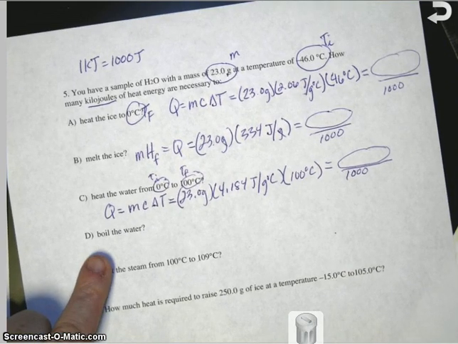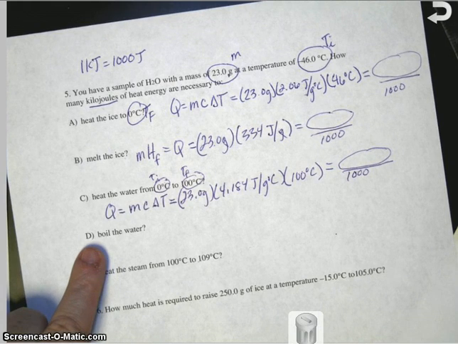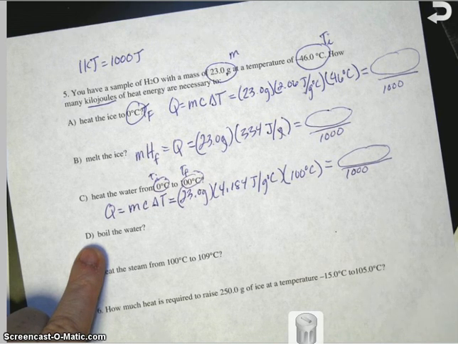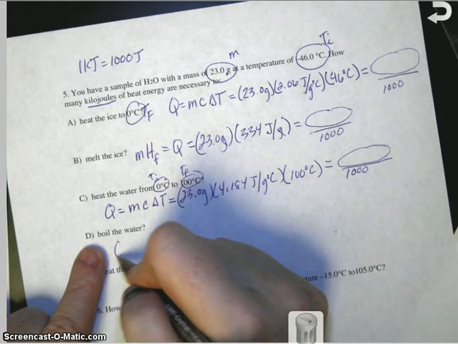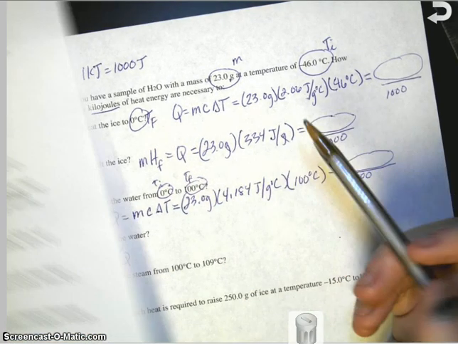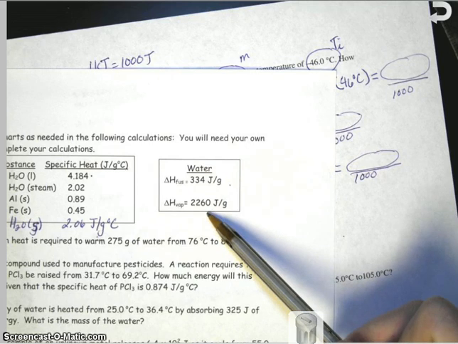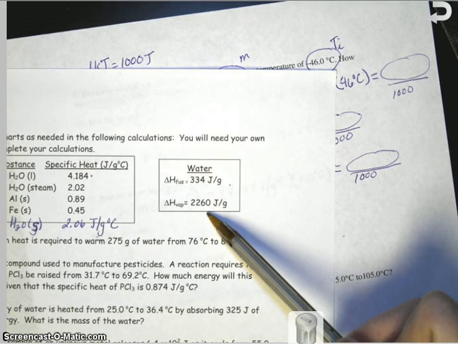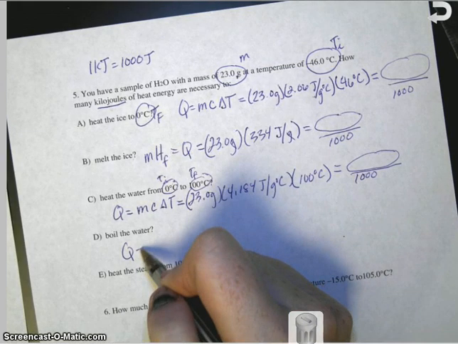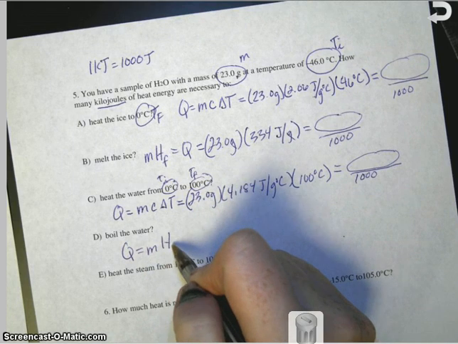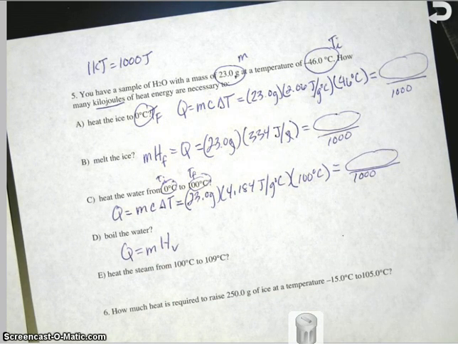To boil the water. If I want to boil the water, they're asking how much heat does it take to change all of the water from liquid to a gas. So that's going to be using my heat of vaporization. So when I use my heat of vaporization to calculate that, here's my constant. It's 2260 joules per gram. To find that, that would be my mass times the heat of vaporization.